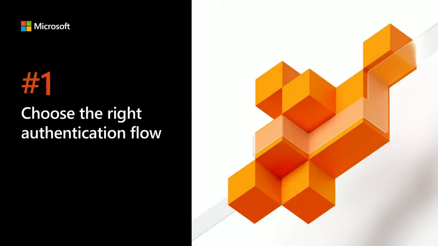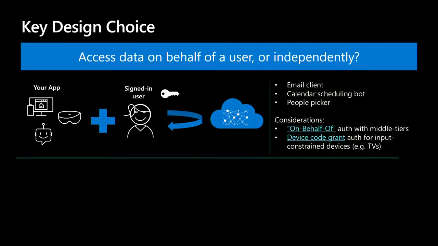So the first tip, whenever we talk about Graph, is usually about authentication. So you have to authenticate to access the APIs and to access the data. It's important that you choose the right authentication flow for that. And there are really, the top level choice is binary.